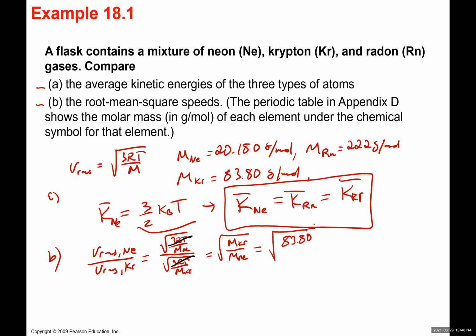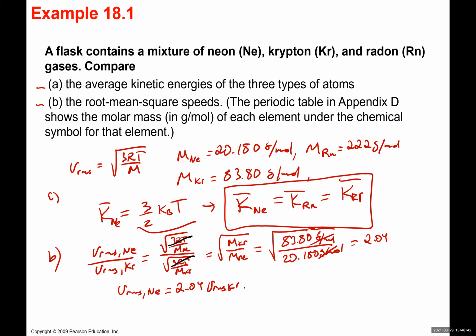That's a ratio, so even the units, gram per mole, cancel out, and we get just a number, 2.04. But this number tells me that VRMS of neon is equal to 2.04 times the VRMS of the krypton.